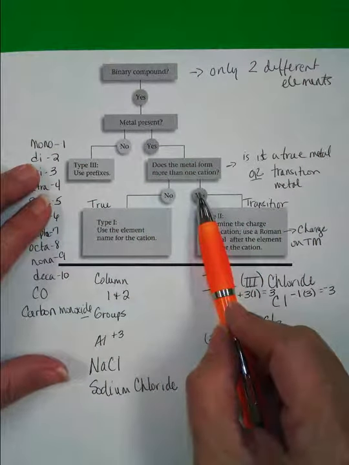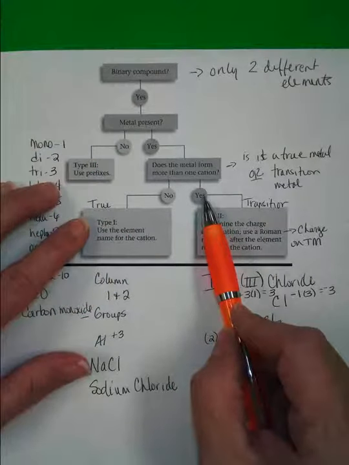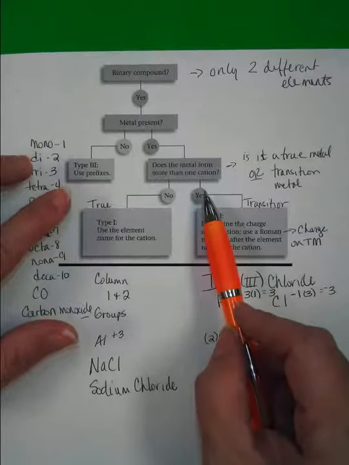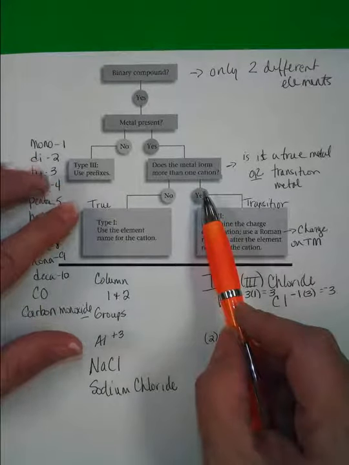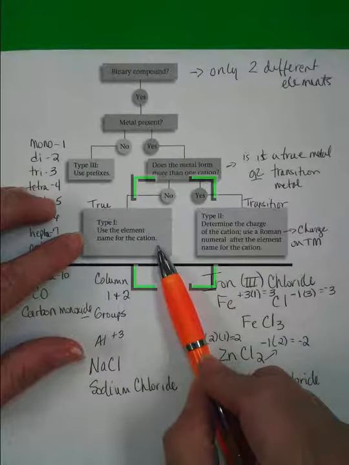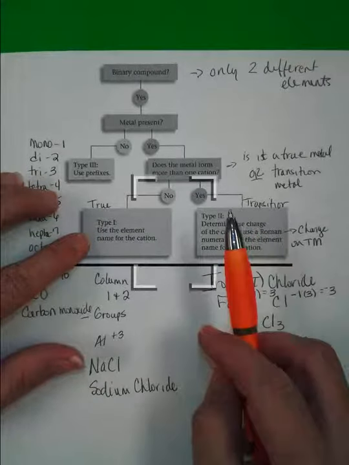If it's not a binary compound, the metal is going to be hooked to a polyatomic ion. There are polyatomic ions, remember, that have a positive charge. We treat those as a true metal when we name them, just as if we would start with sodium or something like that. Ammonium is the ion that usually is that way.